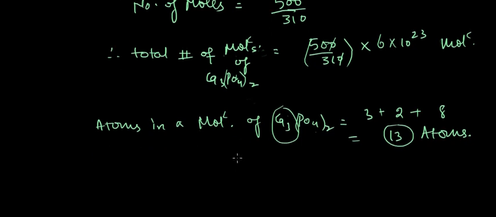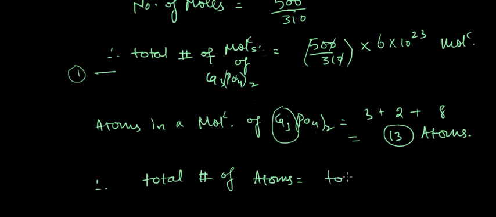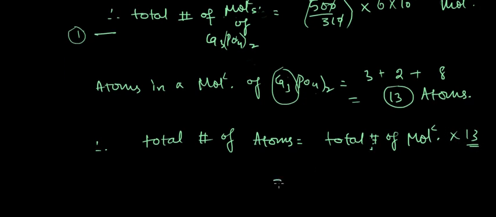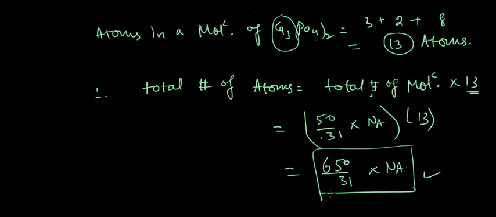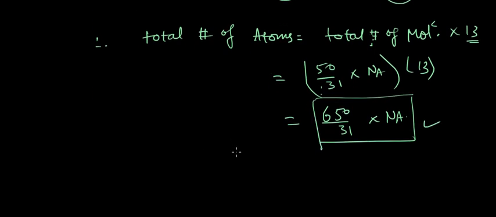Hence from equation 1, the total number of atoms would be total number of molecules multiplied by 13. So it would be 50 divided by 31 into Na multiplied by 13. The answer would be 650 divided by 31 into Avogadro number. This is the total number of atoms in 500 grams of Ca3(PO4)2.